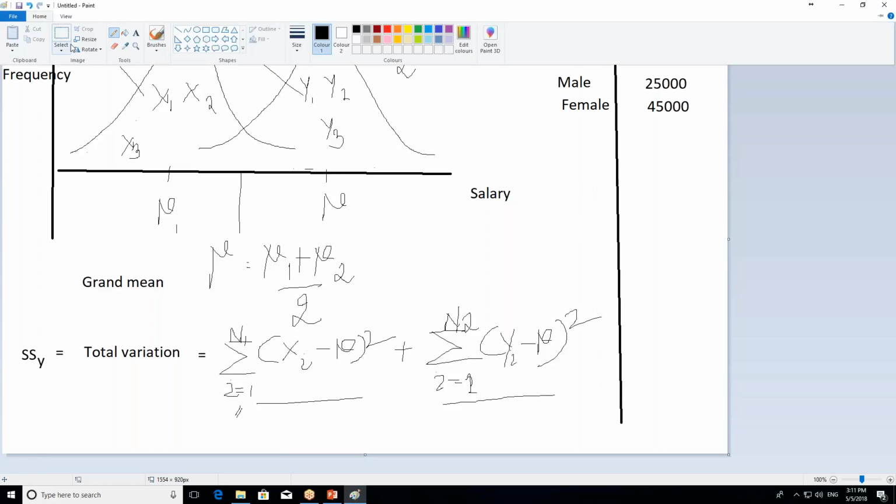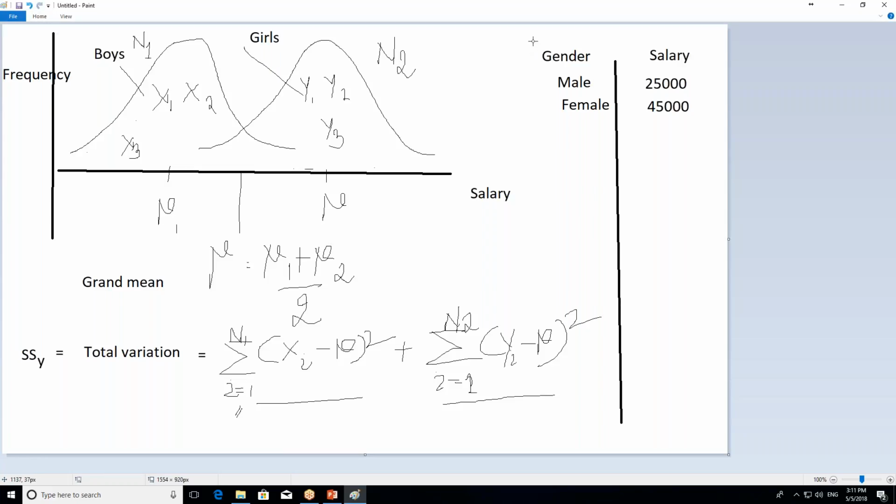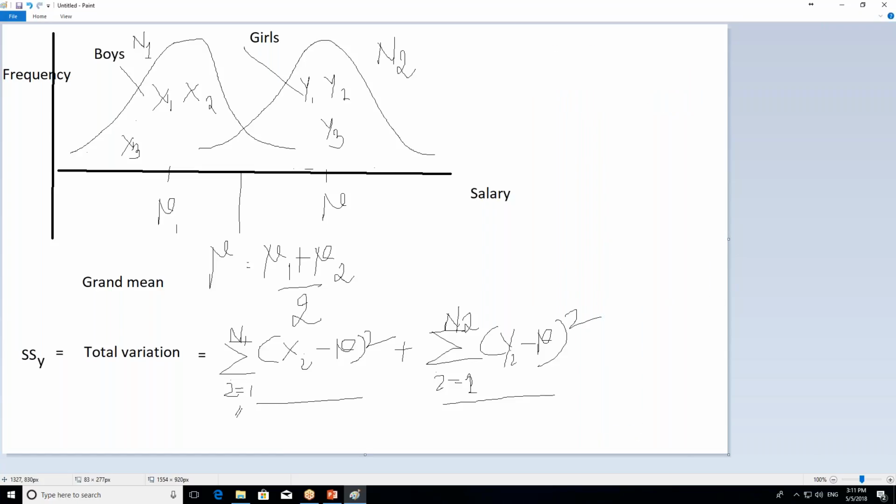Let me do that, because this is what you guys need to understand, and let's take a little more time and clarify it. Now let's say all boys and all girls are collapsed to their means.